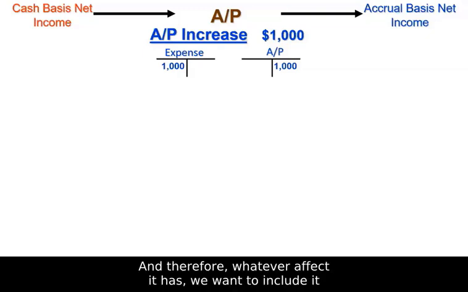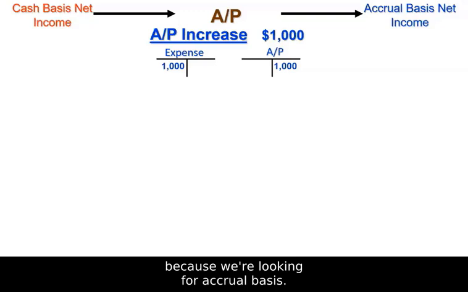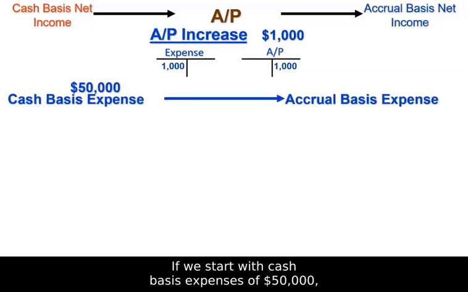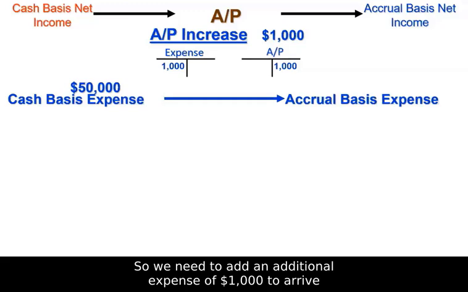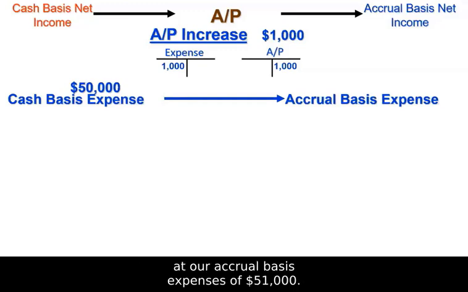And therefore, whatever effect it has, we want to include it because we're looking for accrual basis. If we start with cash basis expenses of $50,000, this $1,000 is not included in the $50,000 of cash basis expenses. So we need to add an additional expense of $1,000 to arrive at our accrual basis expenses of $51,000.